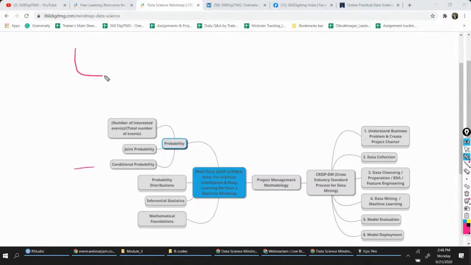Let's say I have a jar. Okay, this is a jar, and I have put, let's say, chocolates in it. I have a 6-year-old son, right? For him, I have put some chocolates in this.